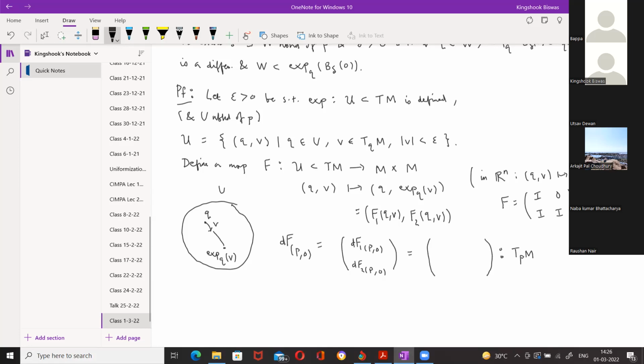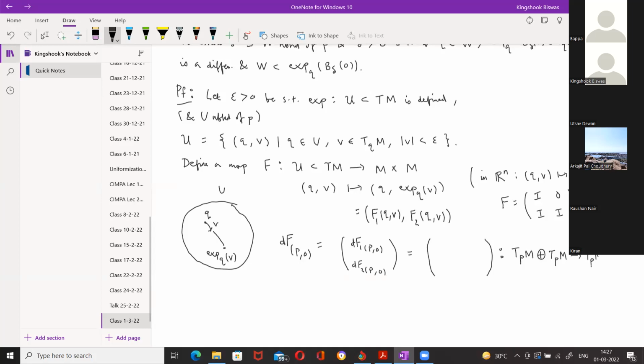Therefore the tangent space to the tangent bundle is identified with the direct sum TPM direct sum TPM. And where are we taking values? We're taking values in M cross M. The tangent space to M cross M is clearly identified with TPM cross TPM.